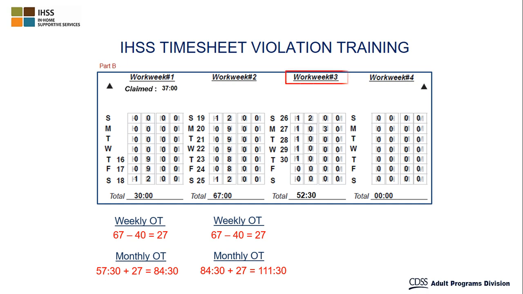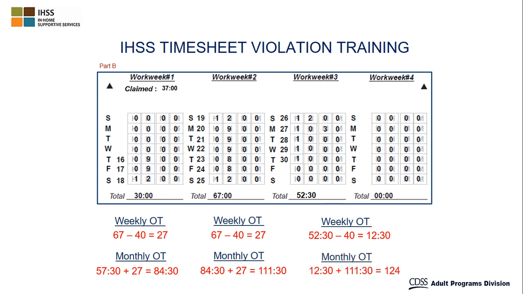In Work Week 3, for the Part B timesheet, the provider claimed 52 hours and 30 minutes. This gives the provider 12 hours and 30 minutes of overtime for the week. When those 12 hours and 30 minutes of overtime are added to the running total of 111 hours and 30 minutes, the total becomes 124 hours of monthly overtime.